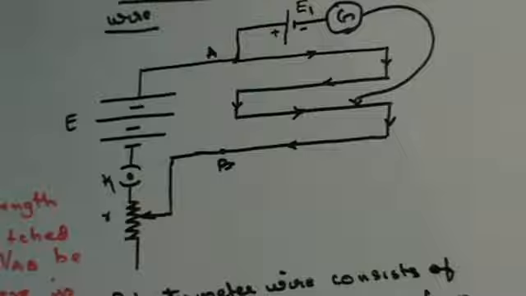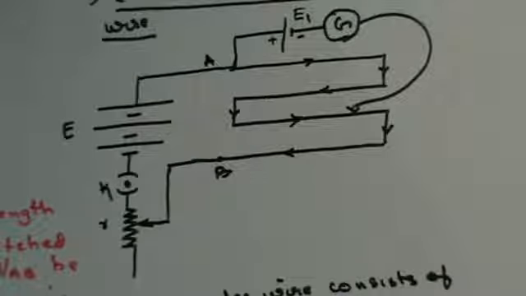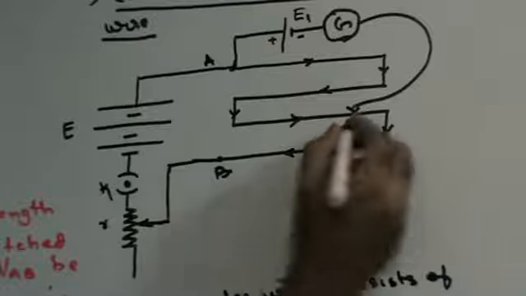Okay? And the negative terminal is connected to a jockey through a galvanometer, and the jockey can then slide on wire AB, right? You slide the jockey along the length of the potentiometer wire in such a way that the galvanometer shows zero deflection. Keep sliding the jockey till the point the galvanometer shows zero deflection.